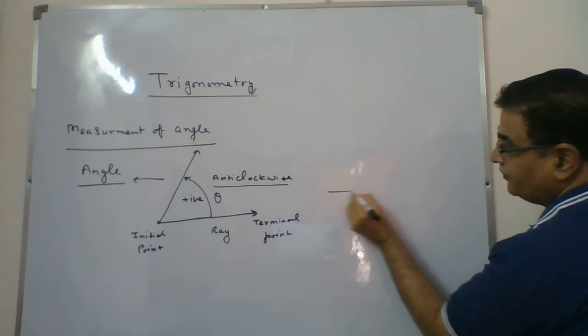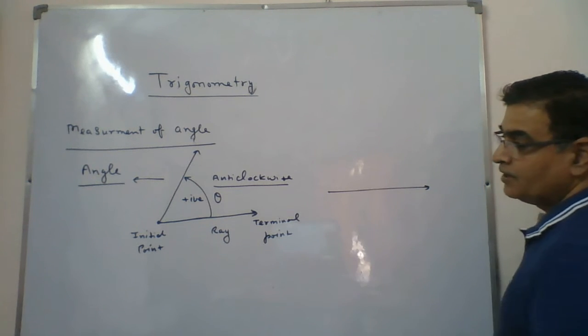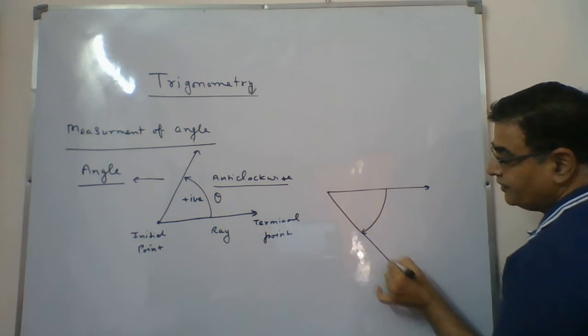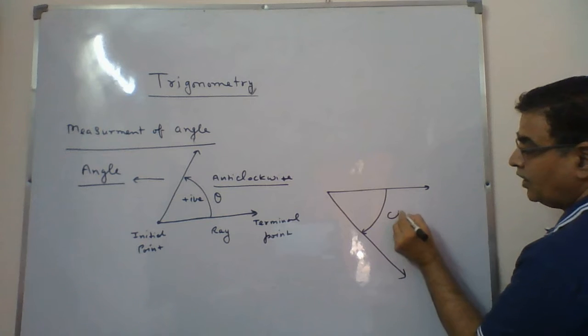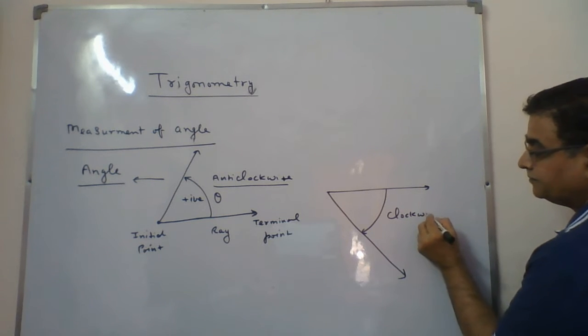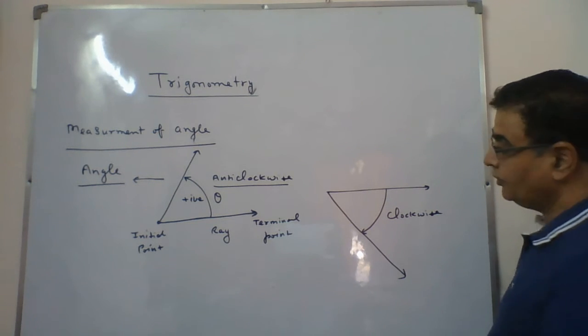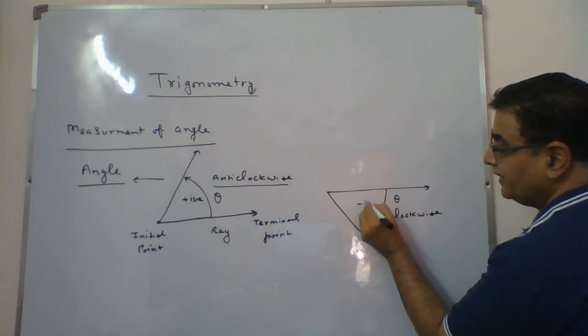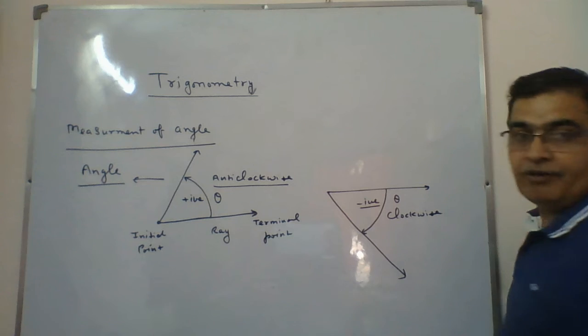Same way, if this is the initial ray and this time I rotate it in this direction, this is now clockwise. When you rotate it clockwise, whatever angle theta comes out will be counted as a negative angle.